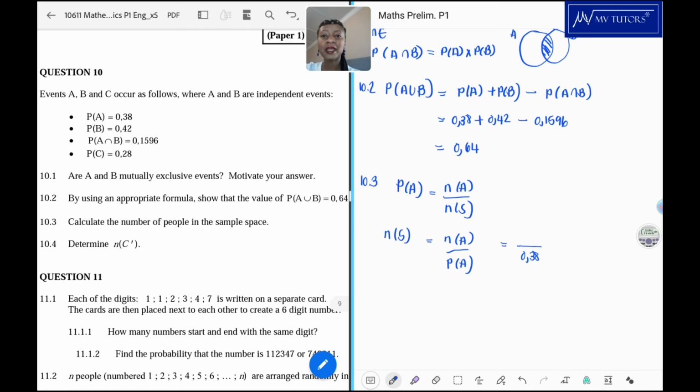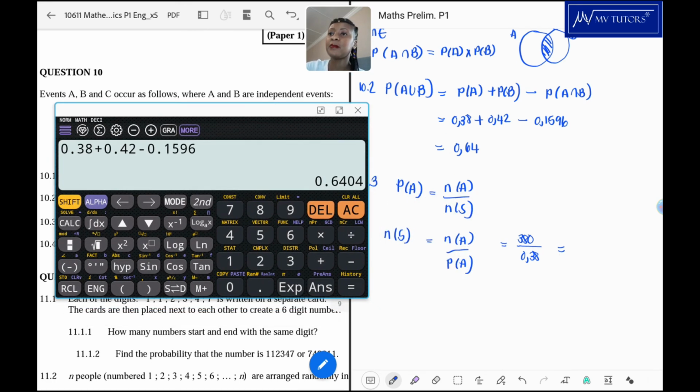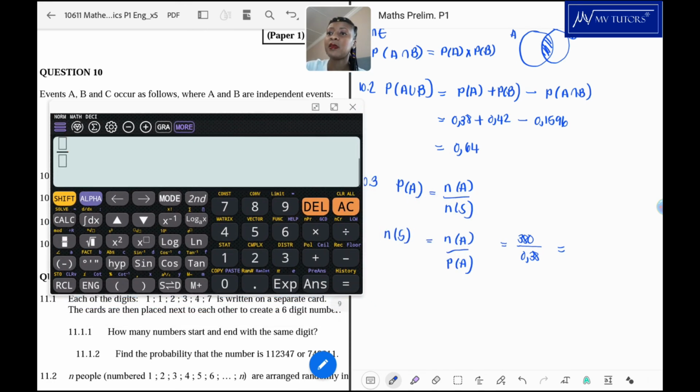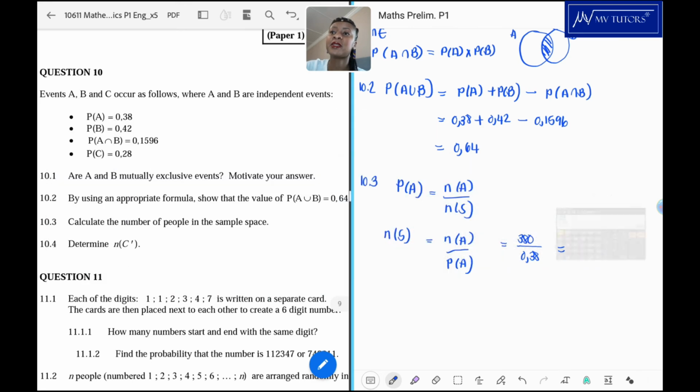Whatever number you eventually guess, you can just say, assuming that in event A there are so many people, I believe they should give you marks. I'm looking at the probability of A, 0.38, and I want to work with nice numbers. So I'm going to assume that there are 380 people in event A. If I do that, then the number of people in the sample space will be 380 divided by 0.38. It is 1,000 people.